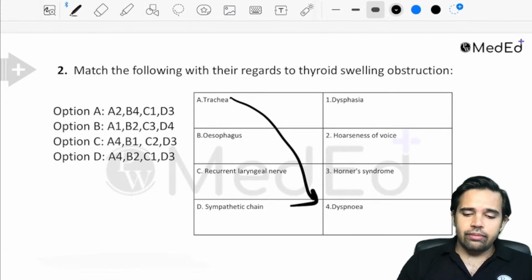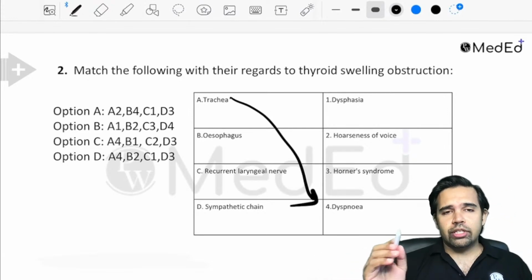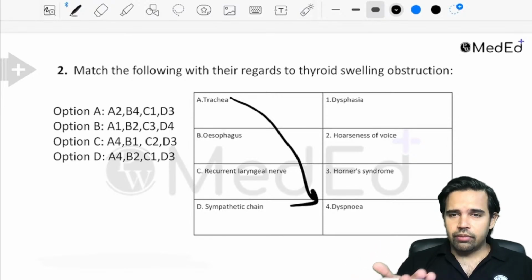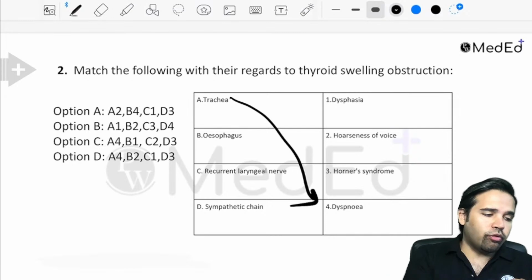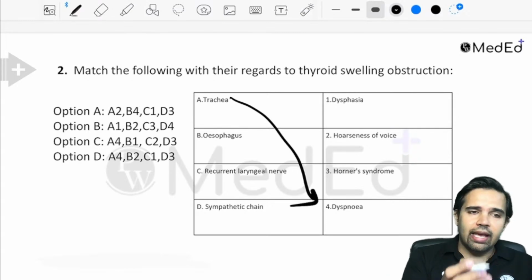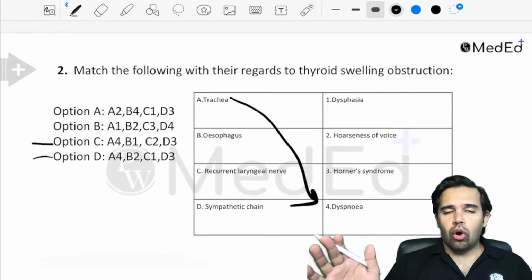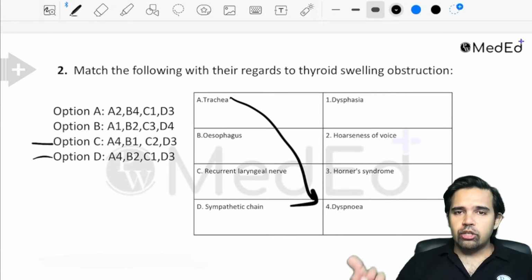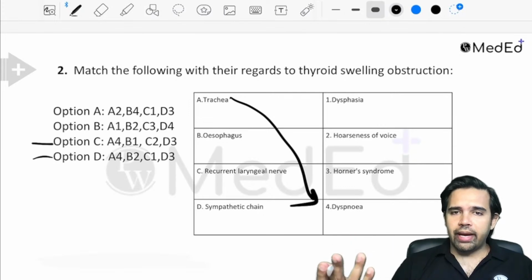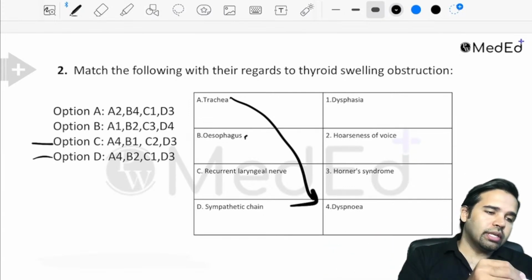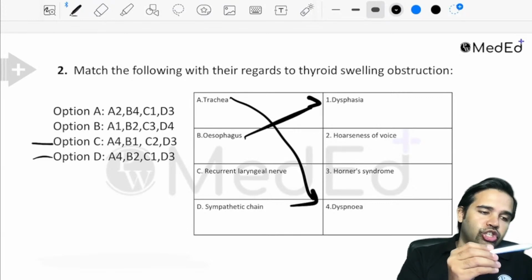So to save time, generally in these exams, just look at which options are giving you the starting answer, right? Now there were 4 options. You can see A4 is there only in these 2 options, C and D, so you don't waste time on options A and B. If the esophagus is obstructed by the thyroid gland, then obviously it's going to cause dysphagia.